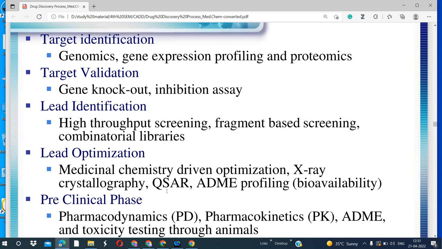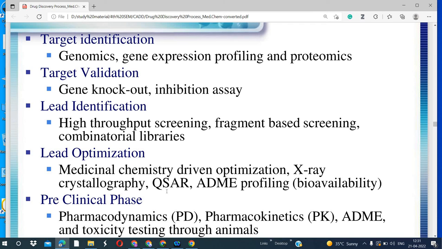If the drug is active but doesn't show bioavailability, there are certain other factors like the Lipinski rule of 5, molecular weight, hydrogen bond donors, hydrogen bond acceptors. So there are different rules, and they need to be checked. That is called lead optimization.